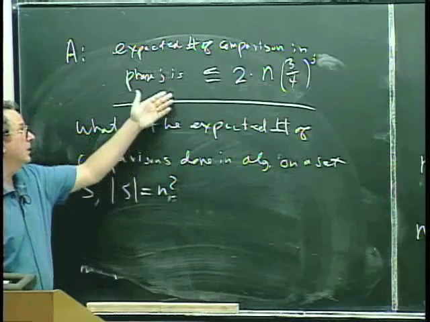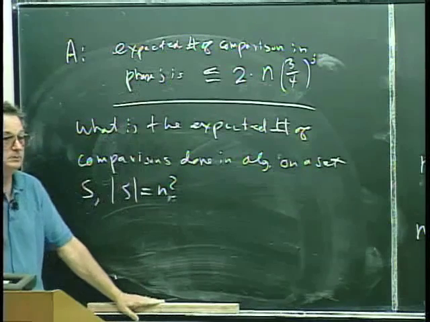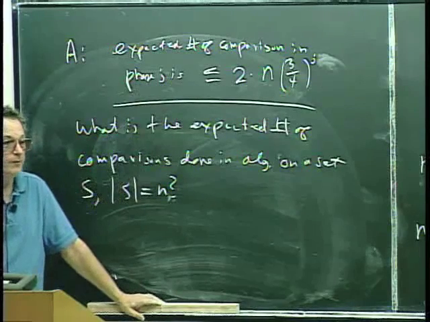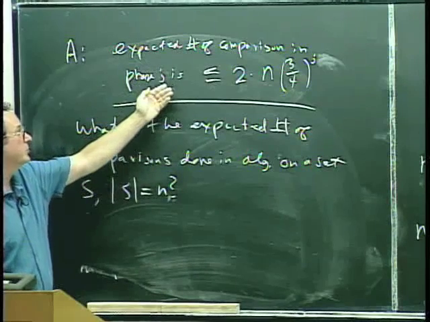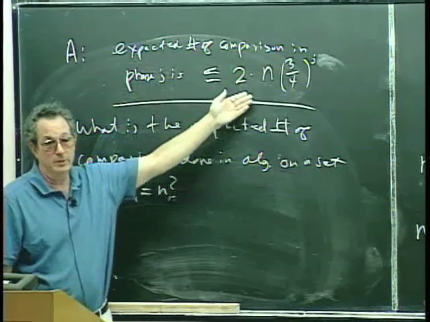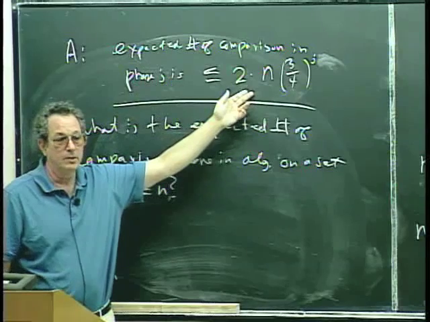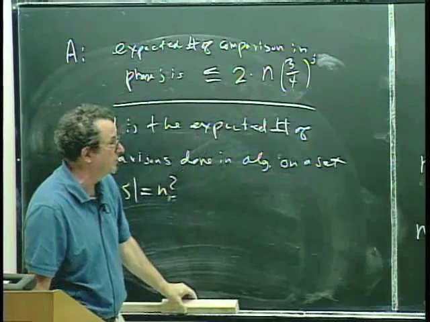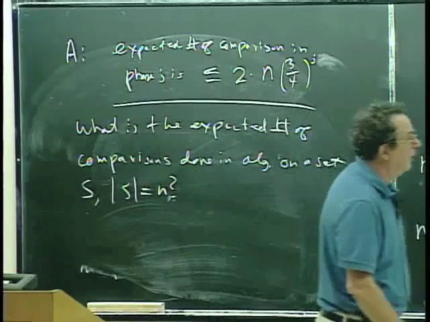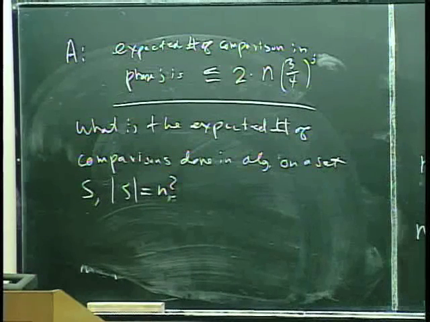So how do you set this up? We know the expected number of comparisons in phase J is bounded by that. Oh, and I have to remind you of one more fact that comes from probability.